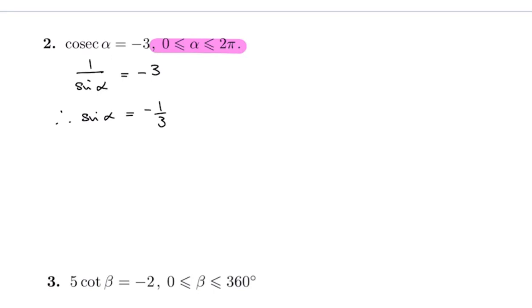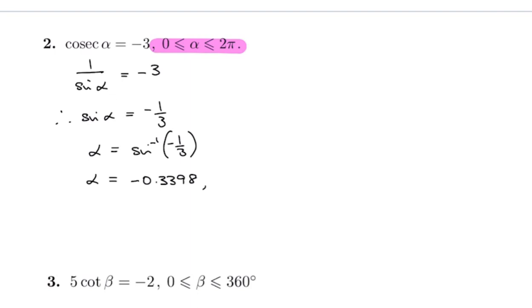Alpha, therefore, is the inverse sine of negative a third. And of course, we want all the solutions between 0 and 2 pi. So, the first solution comes off the calculator as negative 0.3398. I'm working to 4 significant figures, so my final answers will be to 3 significant figures.